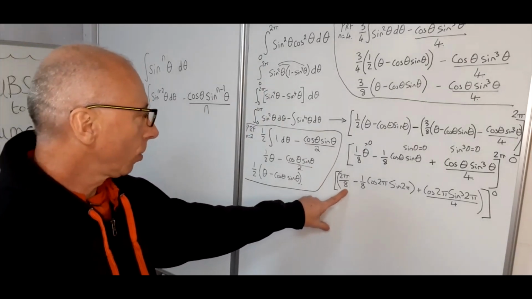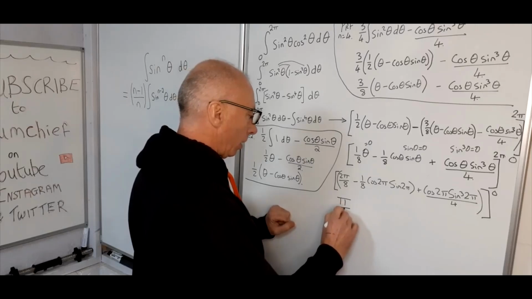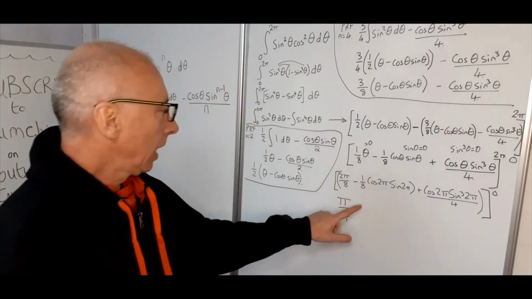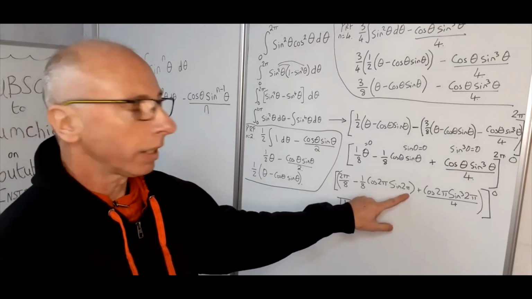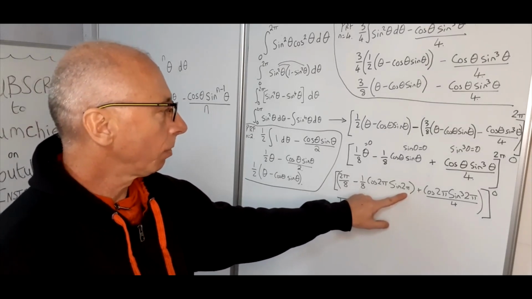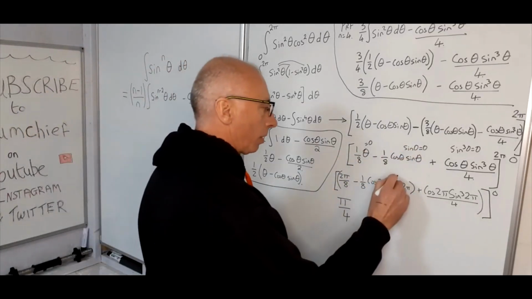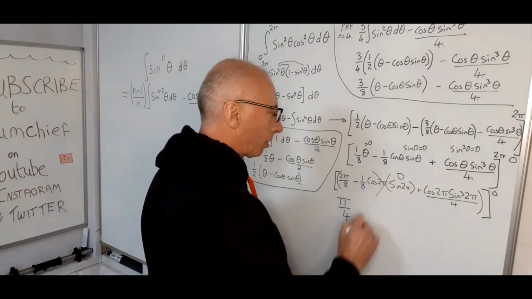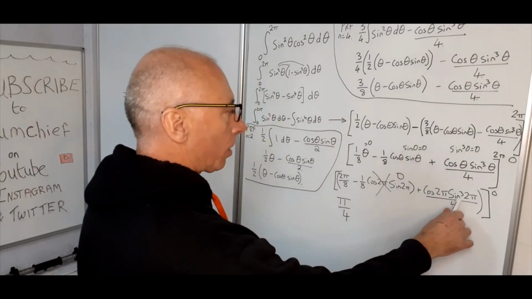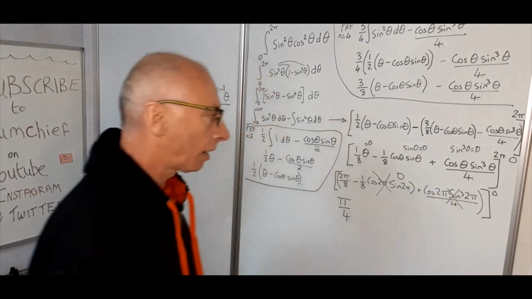Okay, 2 pi over 8 just leaves us with pi over 4, and then cosine 2 pi sine 2 pi, well sine of 2 pi is equivalent to sine of 0, so this term is 0, so that means this will cancel out, and the same here, sine cubed of 2 pi will also be 0, so this will cancel out.